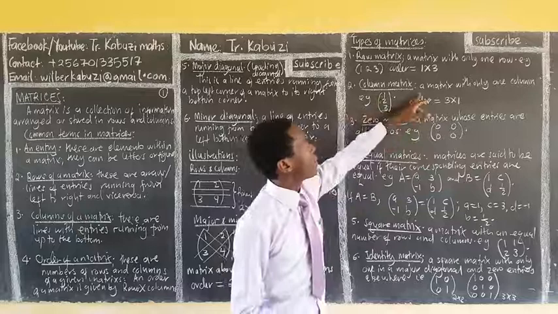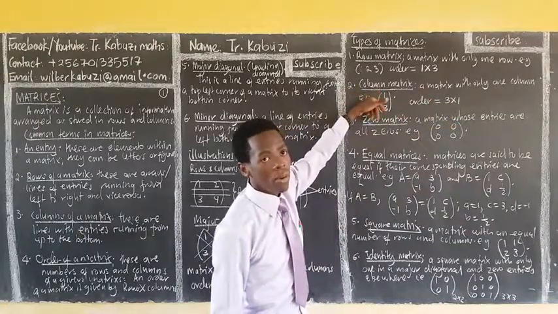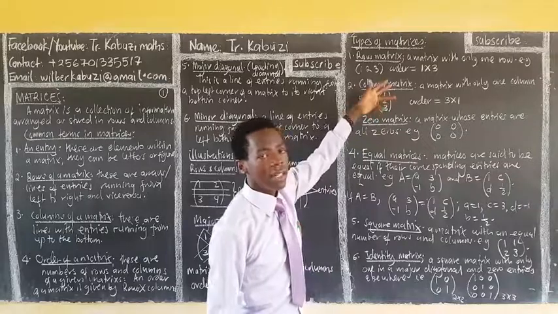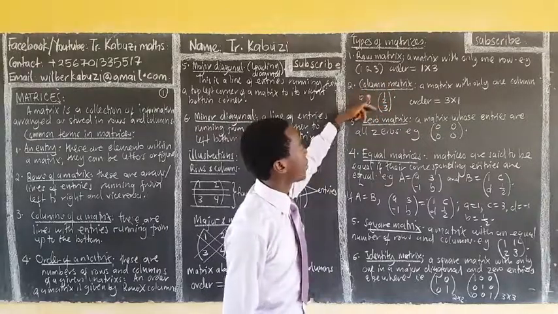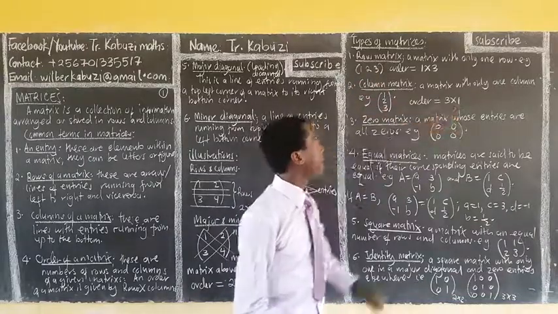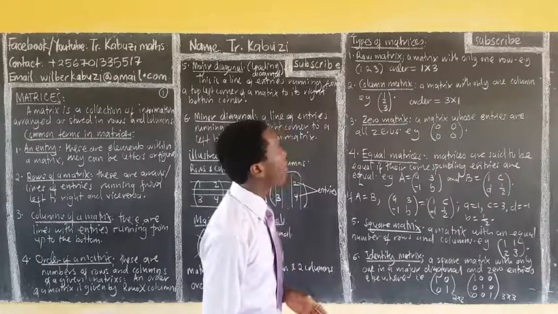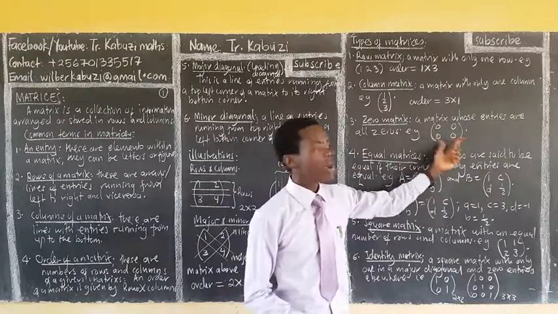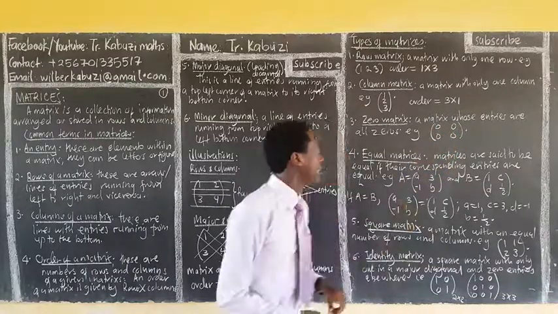Then a column matrix, a matrix with only one column. So how many rows? 1, 2, 3. So it is 3 by 1. Then a zero matrix, a matrix whose entries are all zeros. All elements in it are zeros.